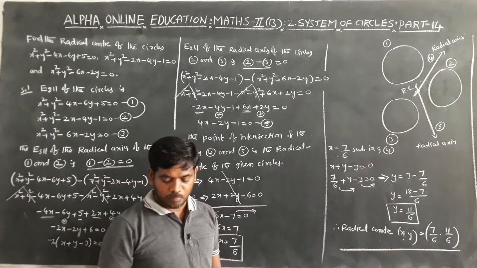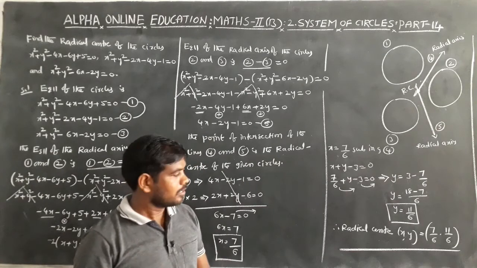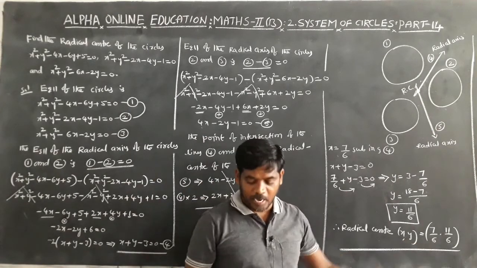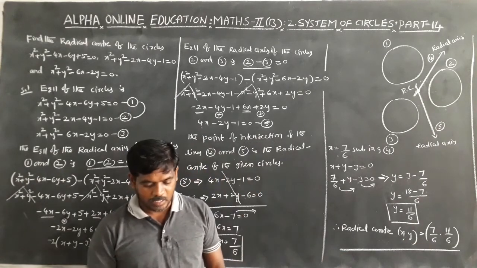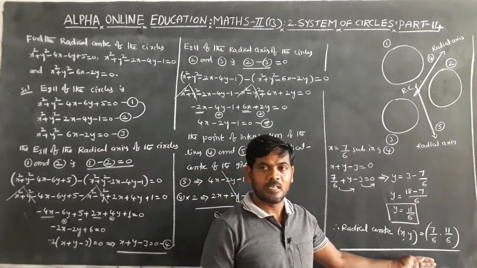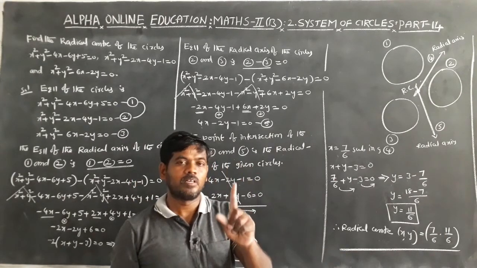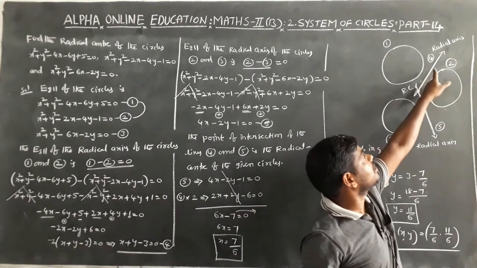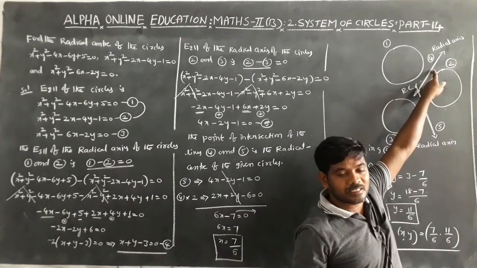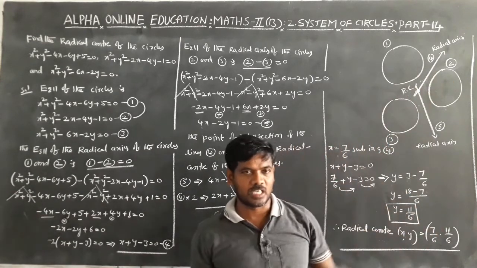This is the process for finding the radical center of the circles. First of all, find the equation of the radical axis of the first two circles.